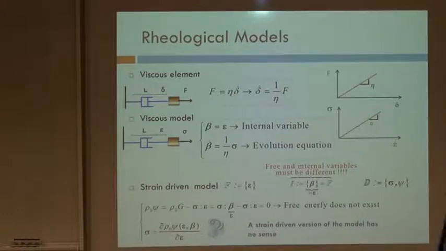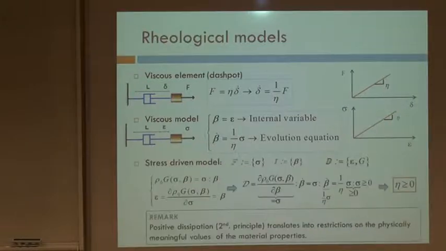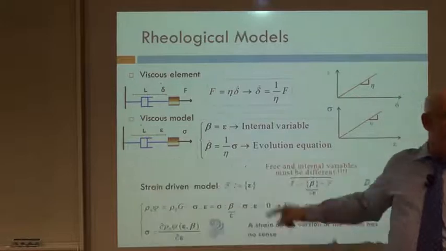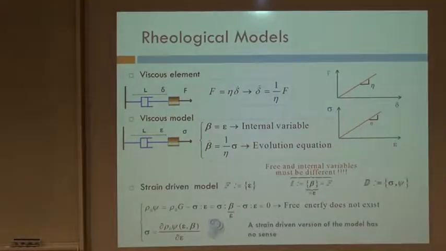And now try to do the same model, but trying to represent that in a strain-based framework. That one was stress-based, right? The stresses were the internal variables. Let's do that in strain-driven, okay?